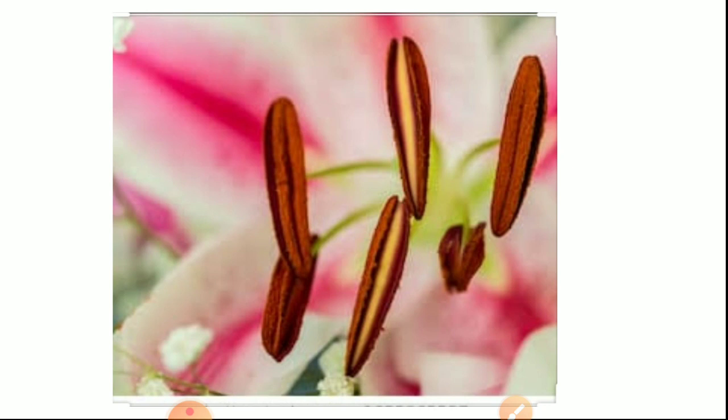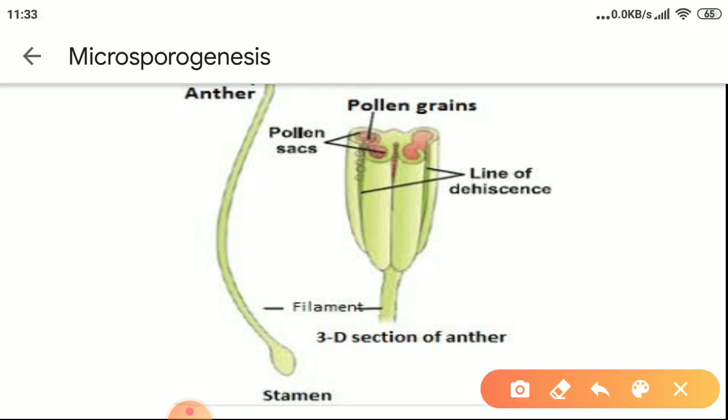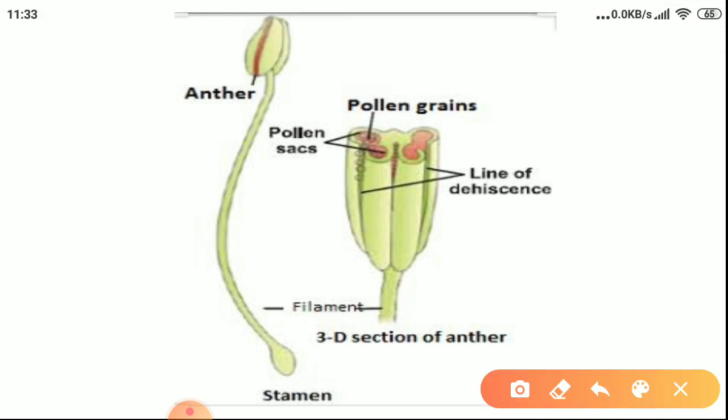If you observe them very carefully, you will find that every stamen consists of two lobes, as well as a slender stalk-like structure which is called the filament. So the anther is bilobed and there is a thin filament attached to it.